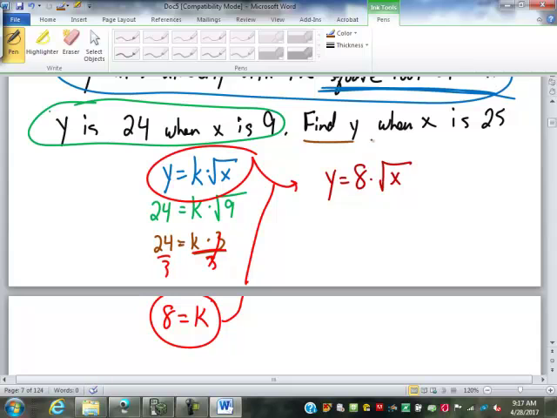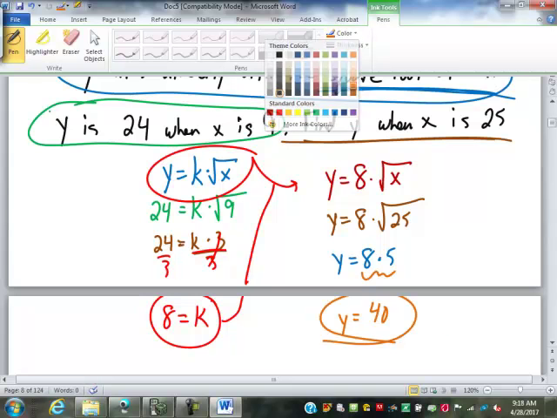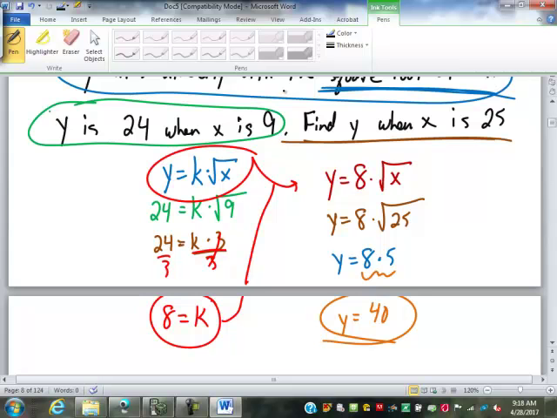And then finally find y when x is 25. Put 25 in there where x is. We have to take the square root of 25, which is 5. So it's 8 times 5, which is 40. So y equals 40 when x is 25. Any questions?